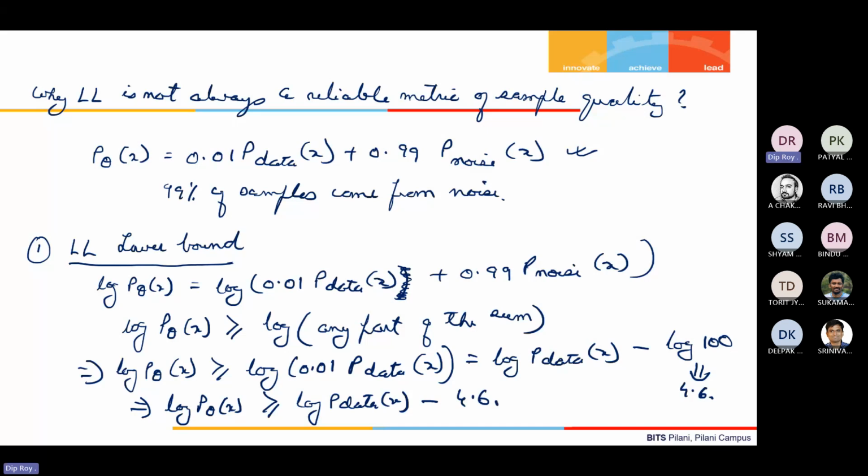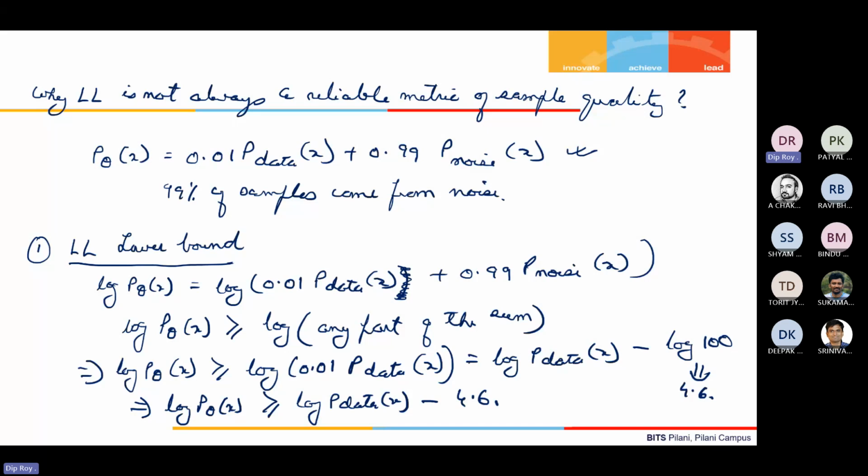Logically, even though 99% of the model is junk, its log likelihood is still only 4.6 units worse than the true data log likelihood.